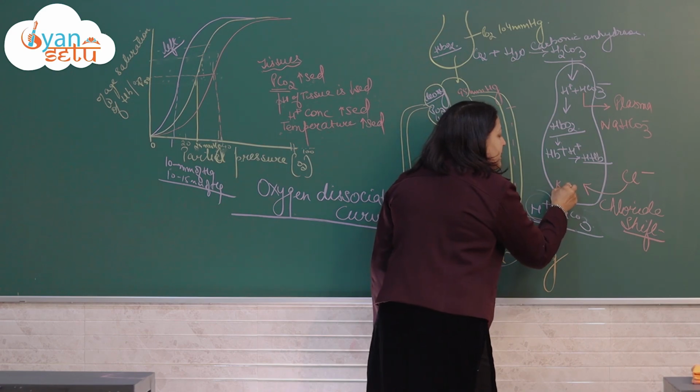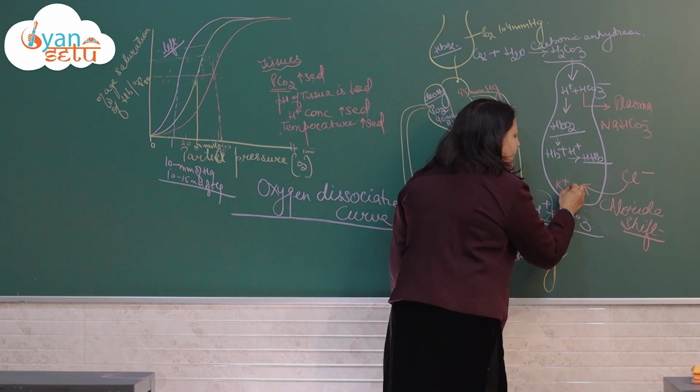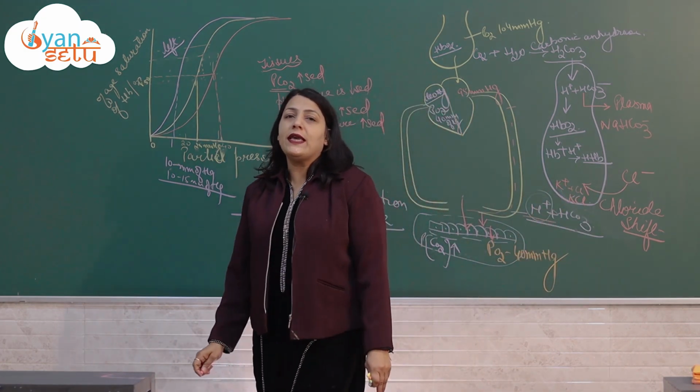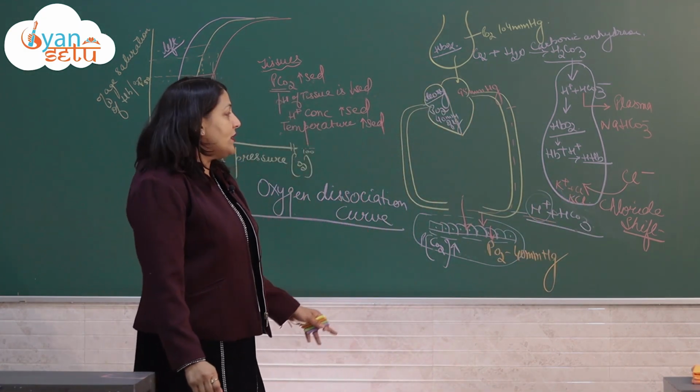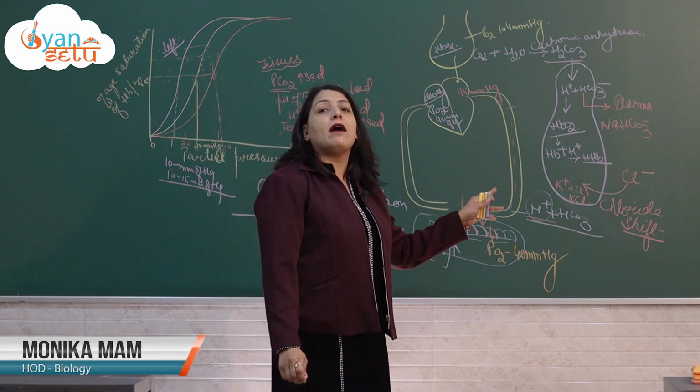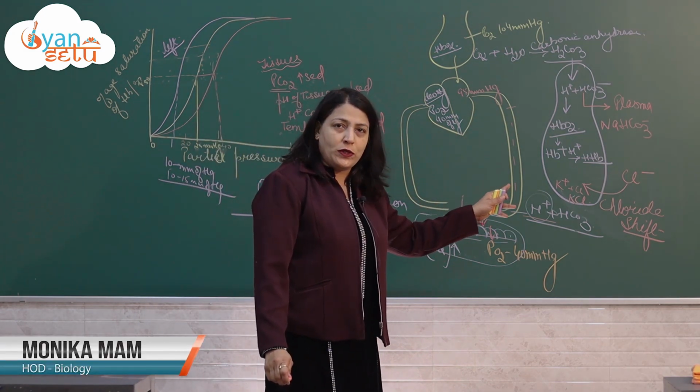And in the RBC, K ions are present and now Cl has entered and it forms KCl. So this is another important phenomena dealt with this carbon dioxide transport.